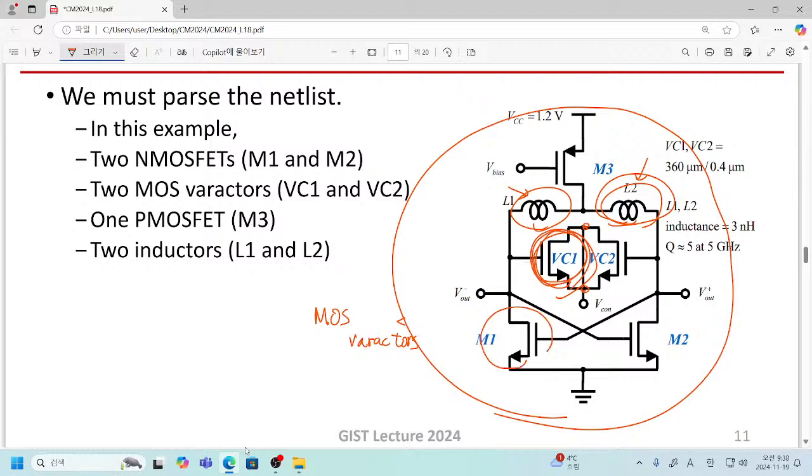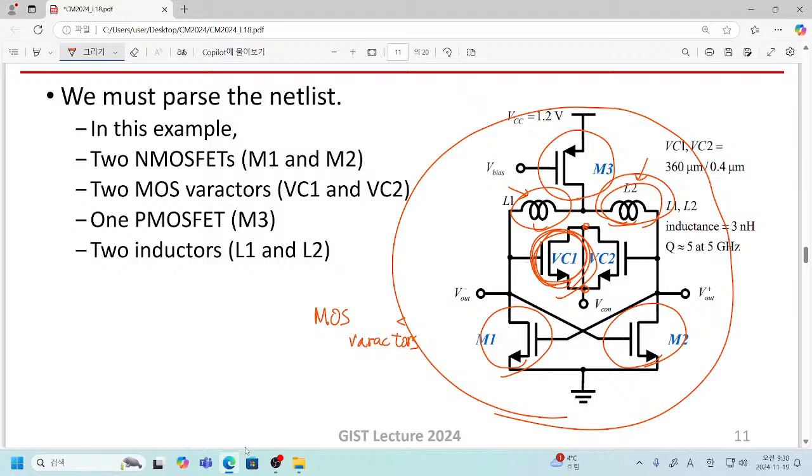And you can see that here we have an NMOSFET. Yes, we need the structure file for these NMOSFETs. And here we have a PMOSFET. Also we need a device structure file for the PMOSFETs. Now let's assume that we have several devices and several structure files.